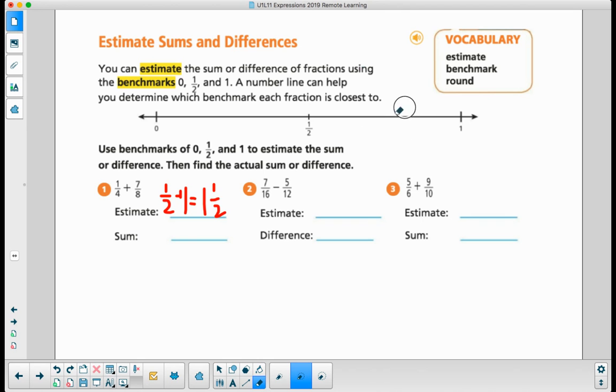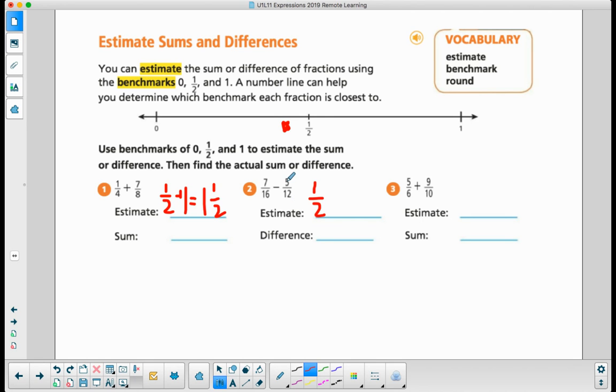So they're coming at some bigger denominators here. 7/16. So again, I'm going to think, what is half in sixteenths? 8/16 is half. Well, 7/16 is 1/16 less than 8. So it's only 1/16 away from a half. 5/12.